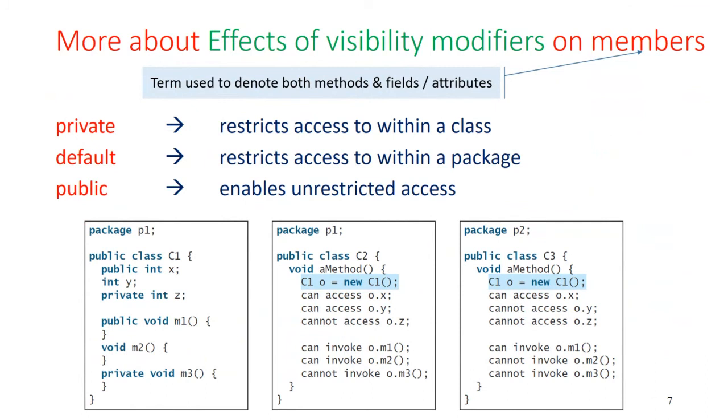Is that what you're recommending? This page summarizes everything you have to know about public, private, and default visibility for attributes and methods. So this is a good one to bookmark.